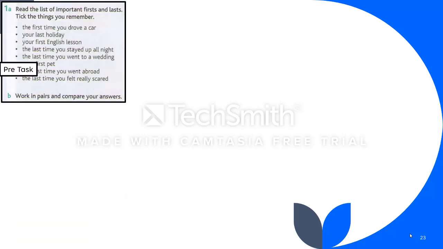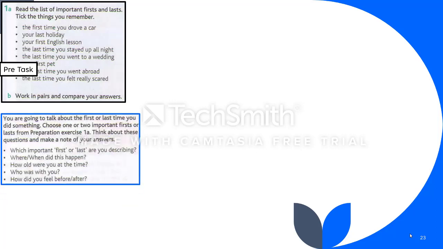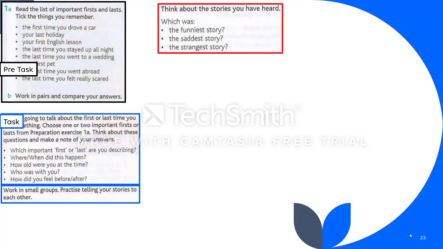This stage can be understood as a lead-in for learners to get familiar with the topic, think of phrases or language that they may already know. After this, they're thrown right away into the main task, without any language practice as can be seen. This is followed by the report stage, and the learners have to decide on the funniest, saddest, or strangest story.